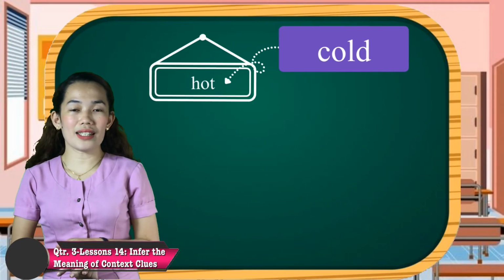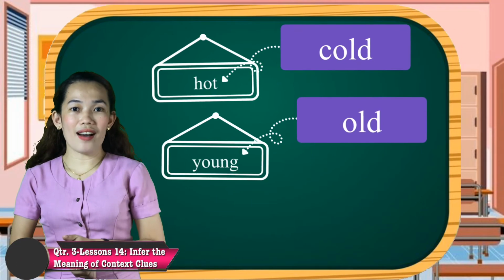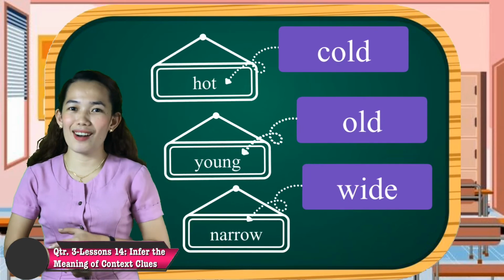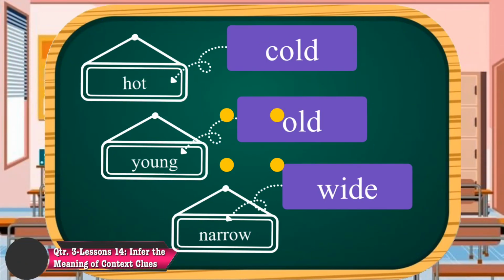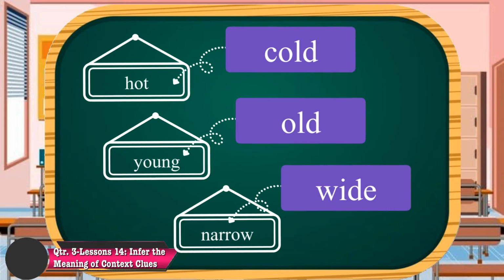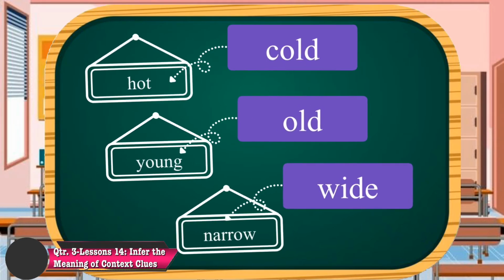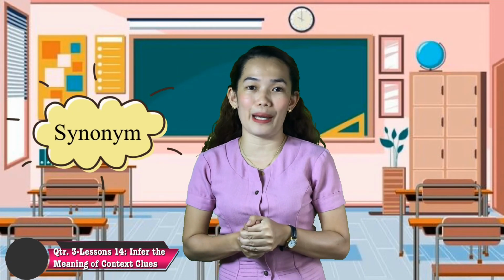Examples: hot, cold, young, old, narrow, wide. We can infer the meaning of context clues by identifying if the word is a synonym or antonym.